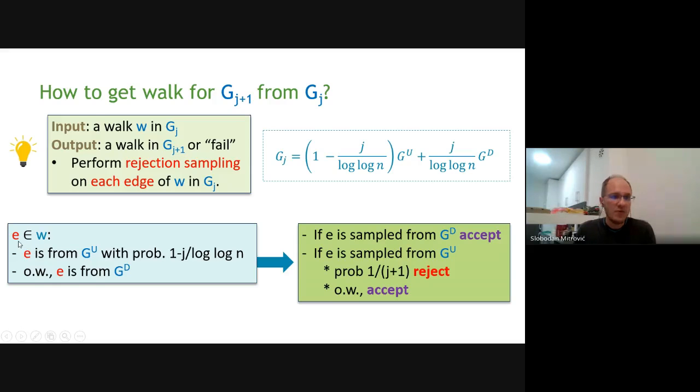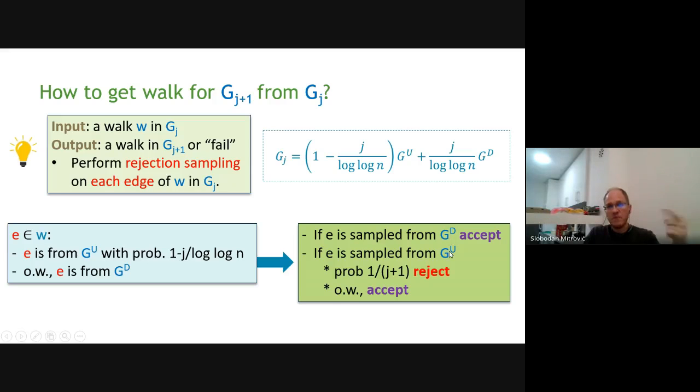If you have an edge in W, and W comes from G_j, then you know that with probability 1 minus j over log n, and this is just by definition, it comes from undirected graphs, but with the remaining probability it comes from directed graphs. To use rejection sampling and change the distribution of this walk to G_{j+1}, if it's sampled from the directed graph, you accept.